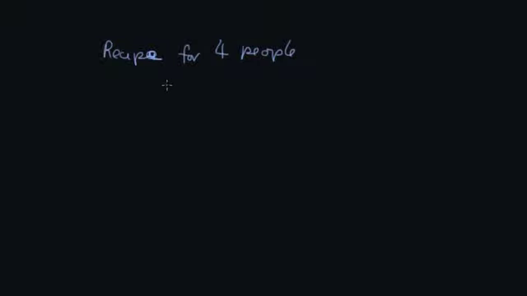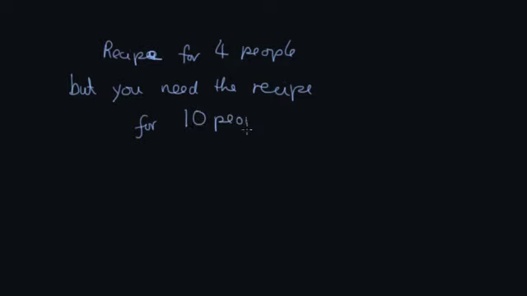So all the quantities in the recipe are designed to feed 4 people, but you need the recipe for 10 people. What we can do is do 10 divided by 4, which gives 2.5, and this is a scale factor.